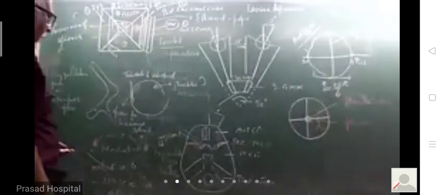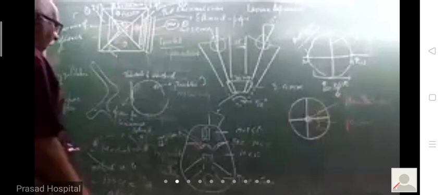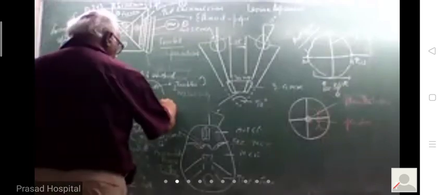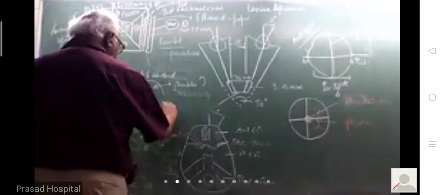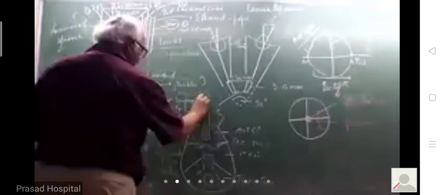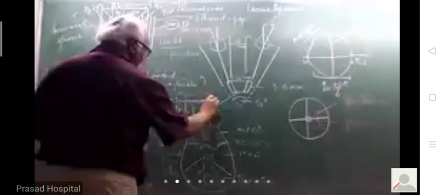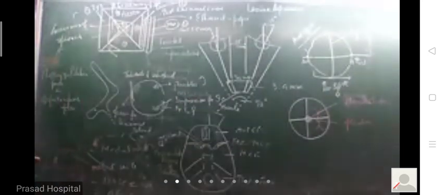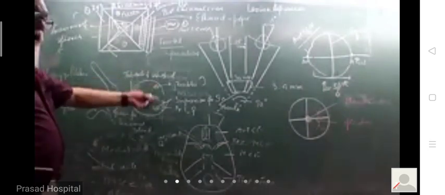And in the lower and medial part, there are the nasolacrimal groove and the impression for the inferior oblique muscle. So these are the bony landmarks which you can see in the orbit.